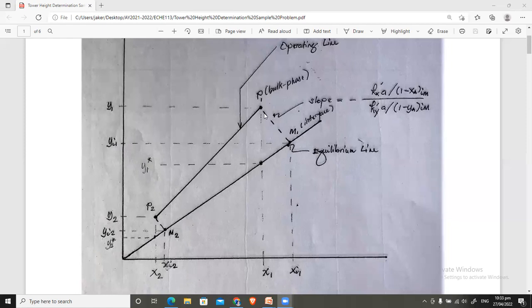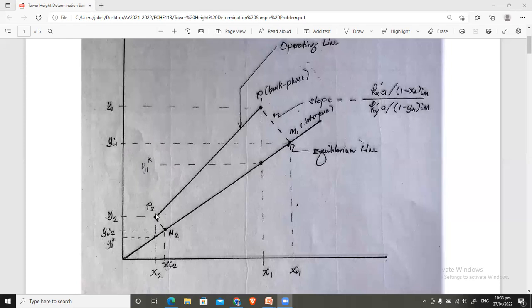Now if you drop your P sub 1 point right on the equilibrium line and read its corresponding gas phase concentration, that would be Y sub 1 asterisk for bulk phase 1. So it's the equilibrium concentration of the gas phase for your bulk phase 1.